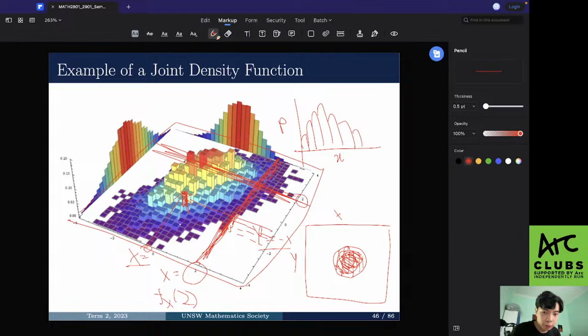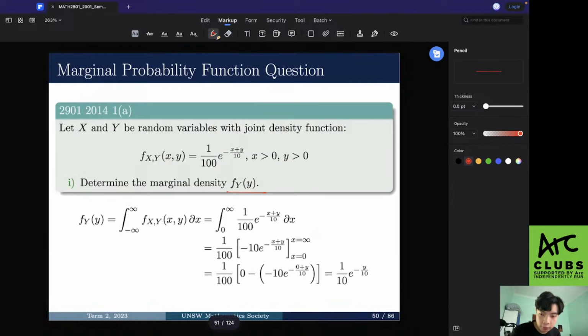Except this strip is going along the x-axis, right? It's parallel to the x-axis, so instead we, for the y, integrate with respect to x. So we're summing up every probability along the x-axis for a given y.